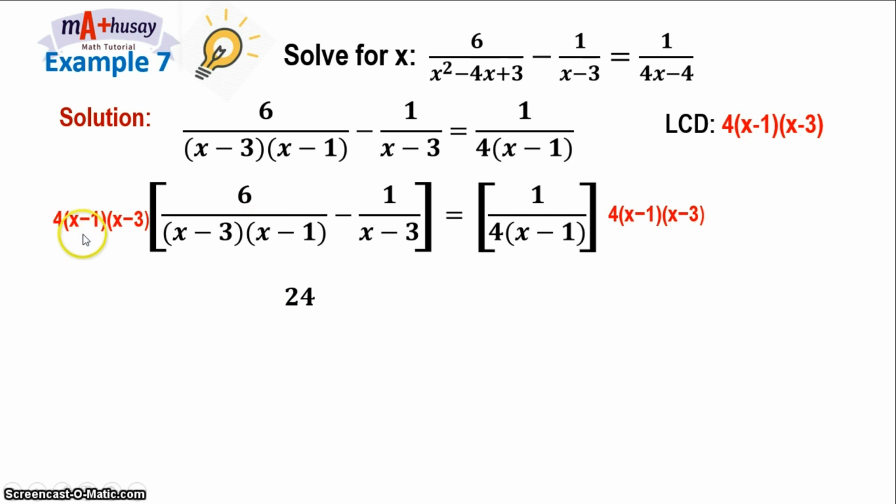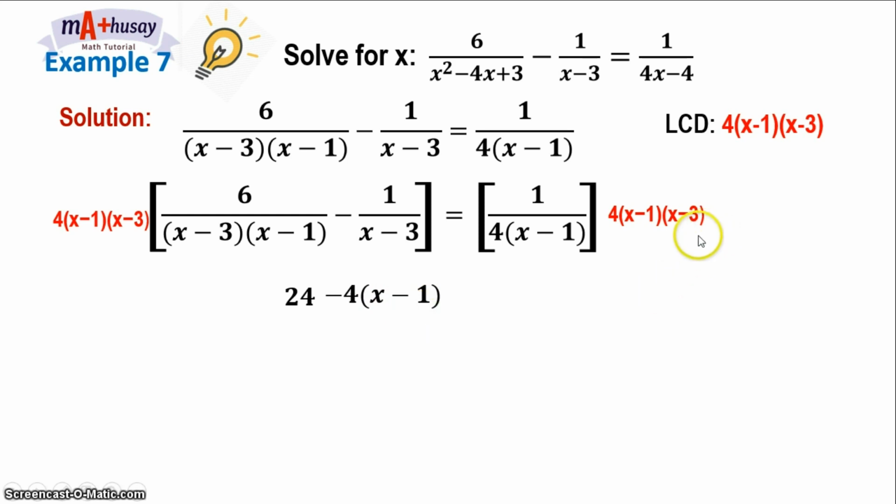So, kapag naman minultiply natin ang 4 times x minus 1 times the quantity of x minus 3 sa negative 1 over x minus 3, mangyayari, makakancel na natin si x minus 3. So, maiiwan negative 4 times the quantity of x minus 1.